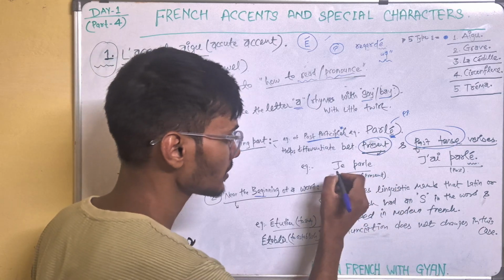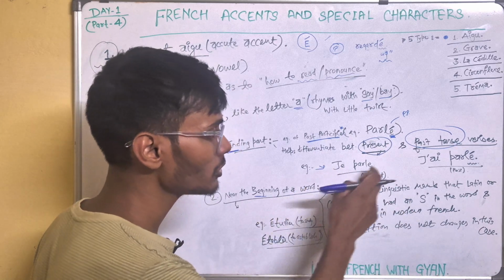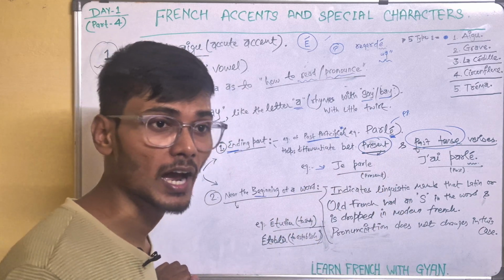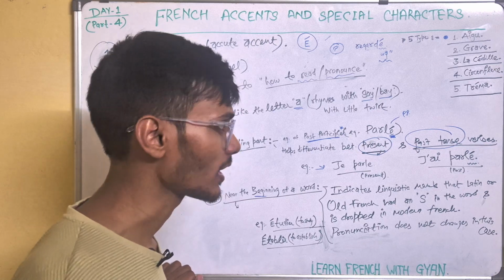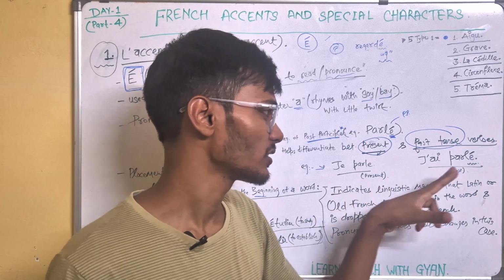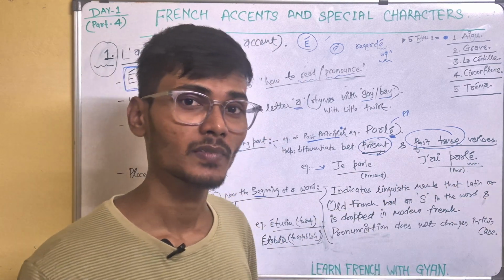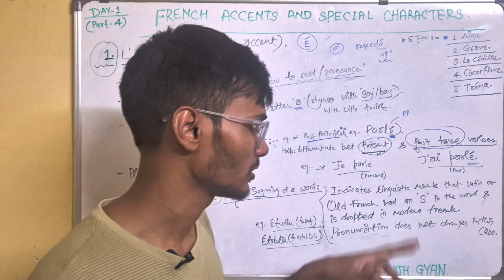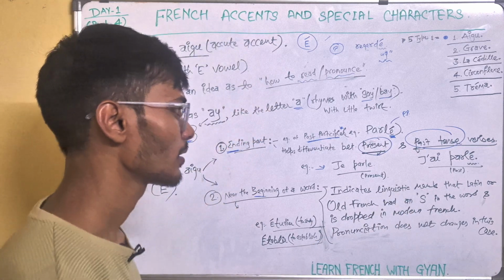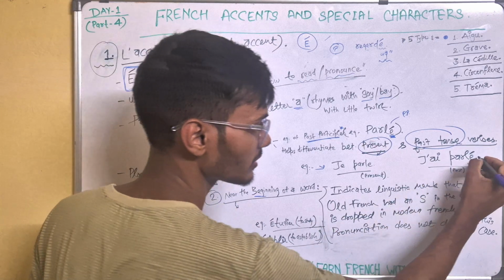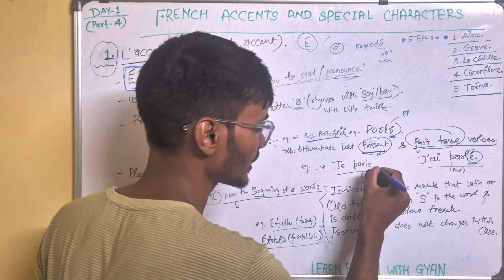So present tense, let's take this example. Je parle, I talk. And this is past tense: j'ai parlé, I talked. This is the difference that you can see here, the phonetic difference.